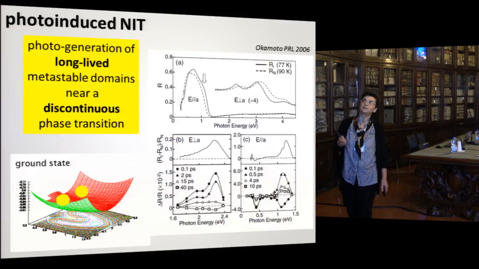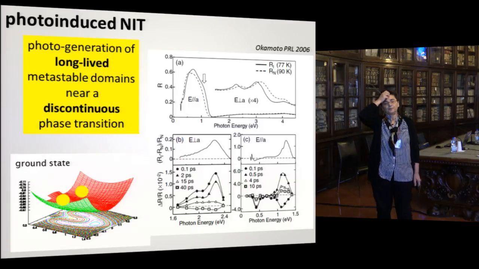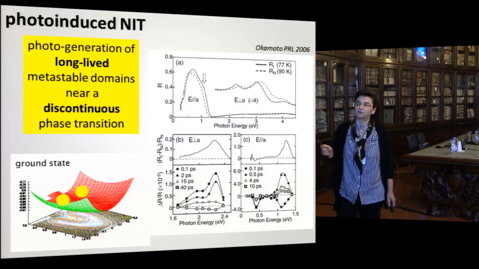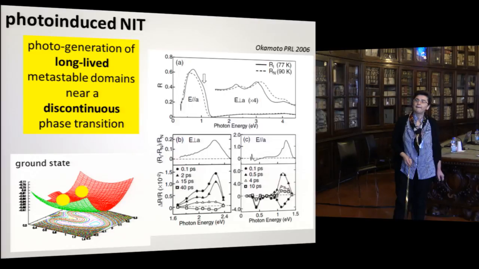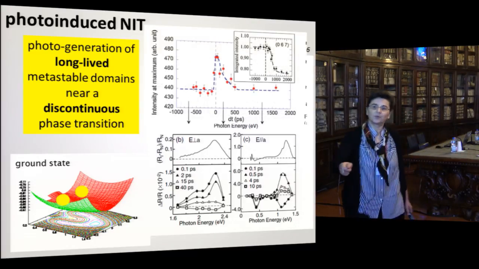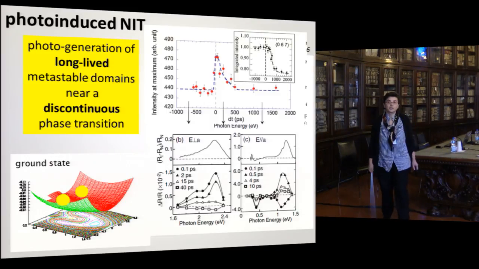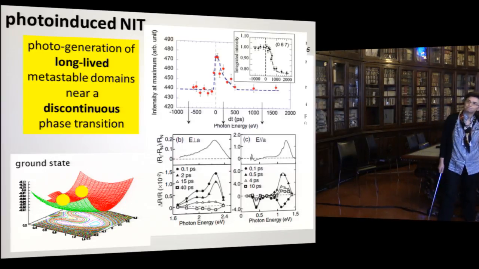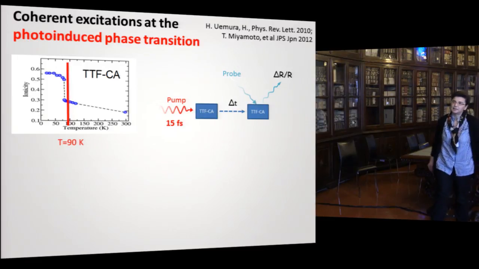There are experimental results about that, mainly from people in Japan, Okamoto, that use optical spectroscopy to demonstrate the presence of a photo-induced phase transition. There are also X-ray data, because here we have a dimerized phase, so you can see it from X-ray scattering data. But the experiment I want to discuss and try to simulate today is this ultra-fast excitation.